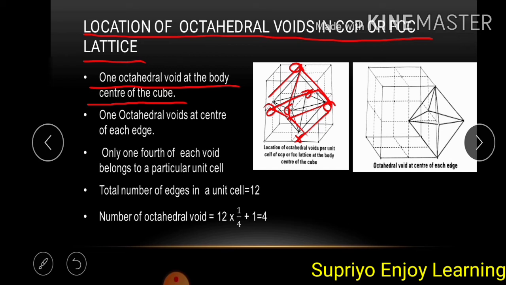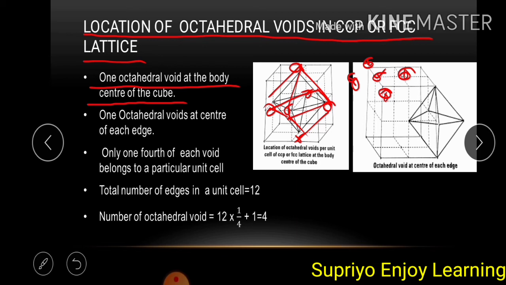Now see, another octahedral void will be generated at the center of edge. Now this center of edge is surrounded by 4 spheres, 2 at 2 corners and another 2 are from faces of 2 adjacent unit cells.